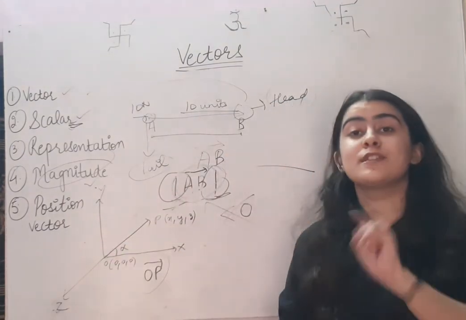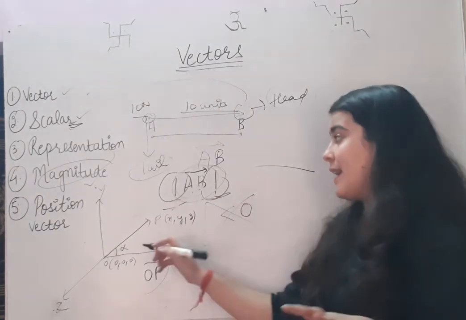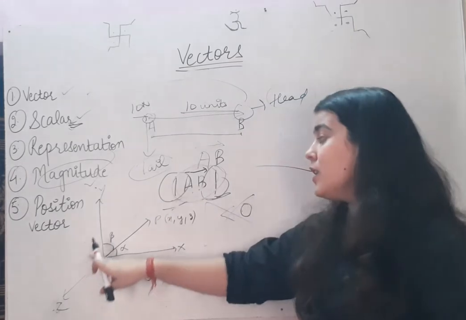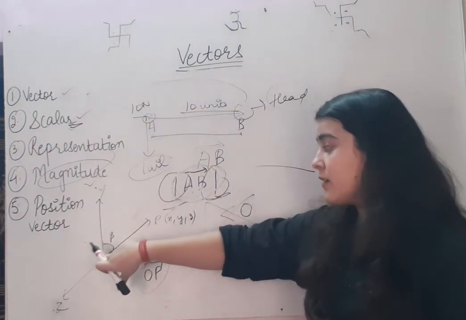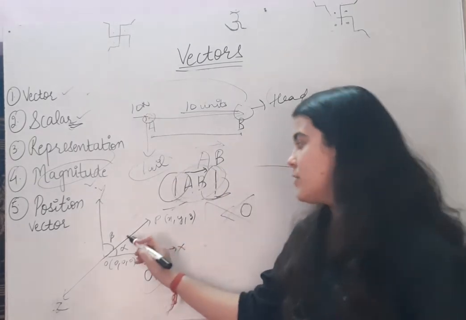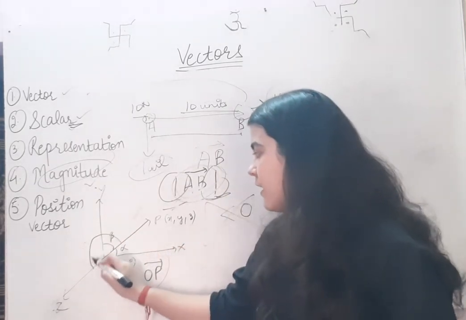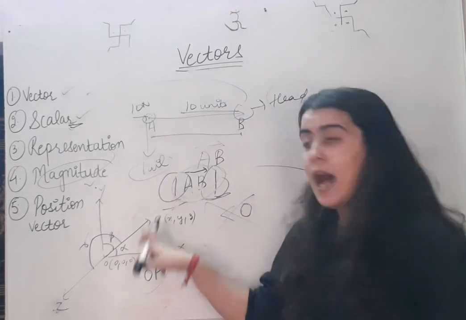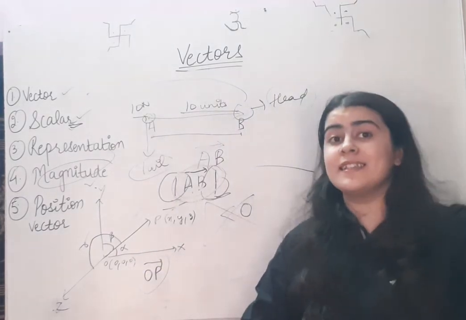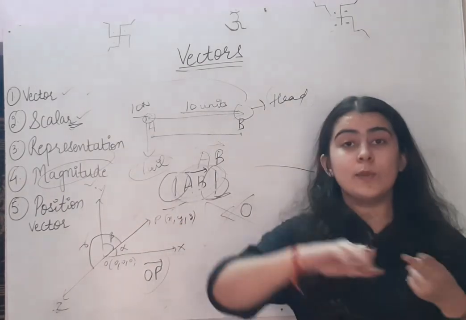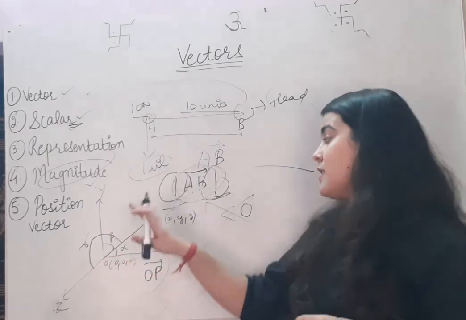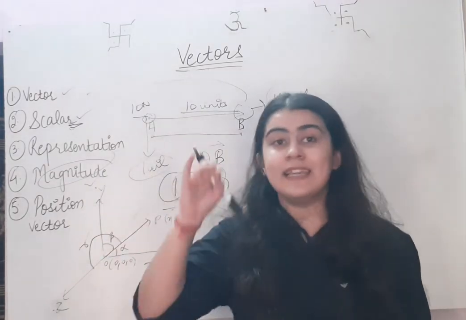The angle this position vector makes with the y-axis is known as beta, and the angle this position vector makes with the z-axis is known as gamma. So this very angle is gamma. Alpha is the angle the position vector makes with the x-axis, beta is the angle the position vector makes with the y-axis, and gamma is the angle that this position vector makes with the z-axis.